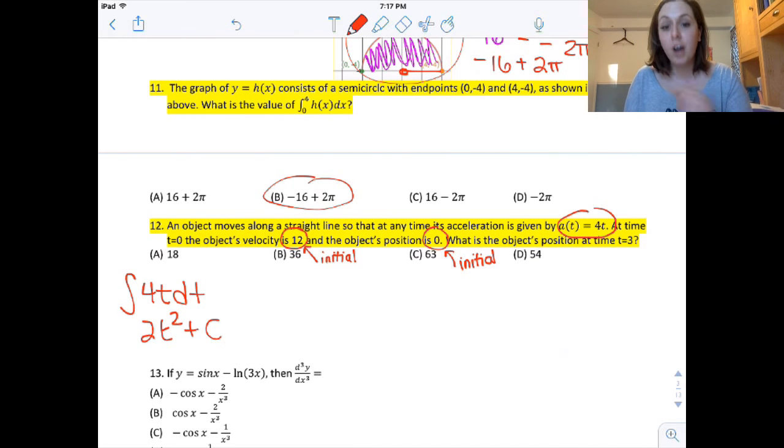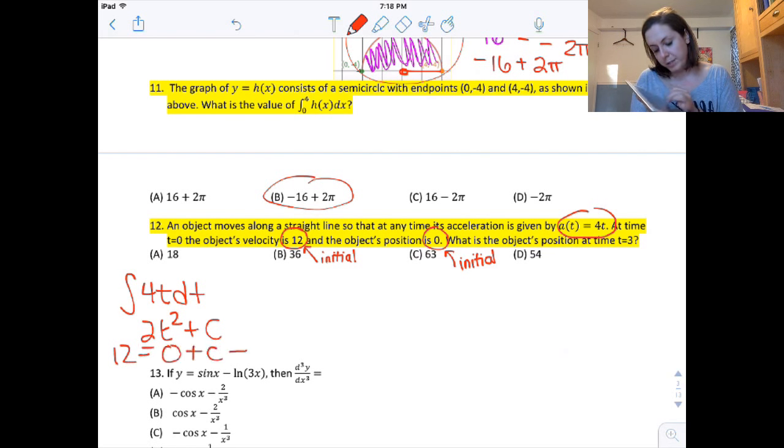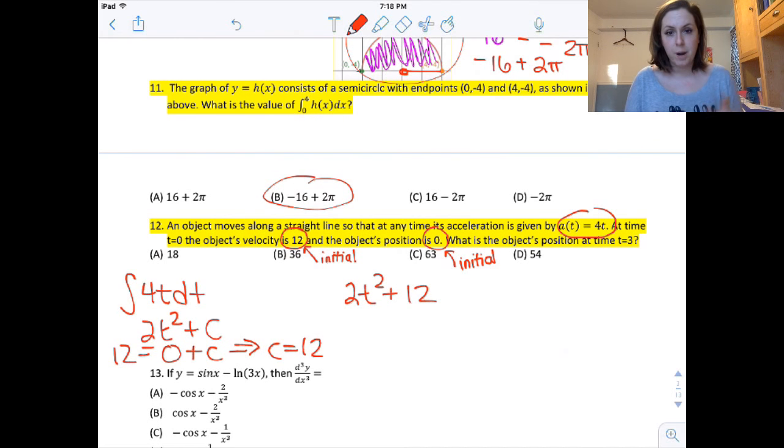I know that my initial velocity is 12. So I know that this equals 12 when t is 0. So c equals 12, and my velocity function now is 2t squared plus 12. That's the velocity of this particle. If I want position, I need to go backwards again.